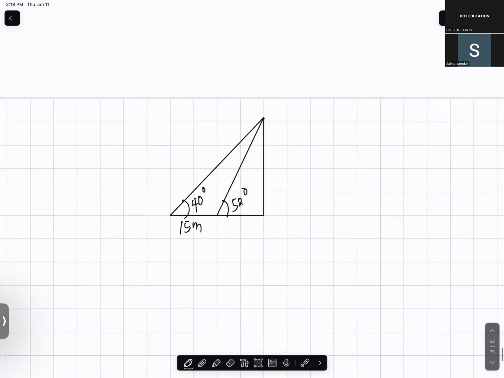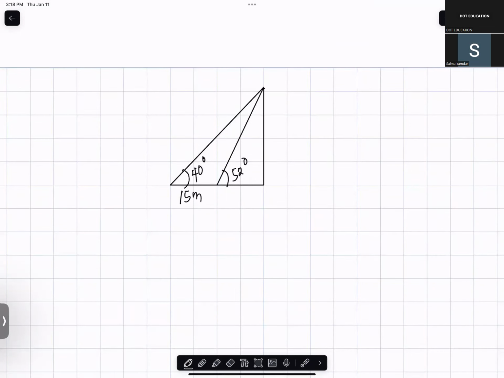So we are looking for the height, which is the pitch of this. So if you know this angle makes it 180 degrees. So to get that part here, I'll have 180 minus 52 degrees, which gives us 128 degrees.